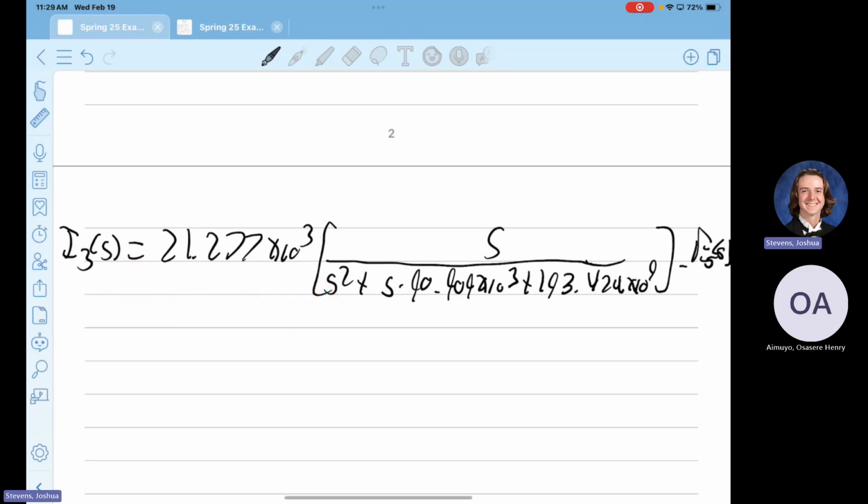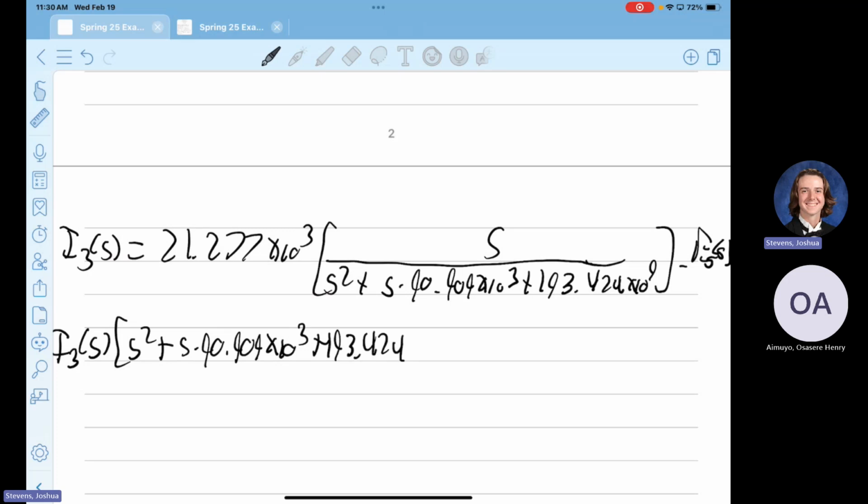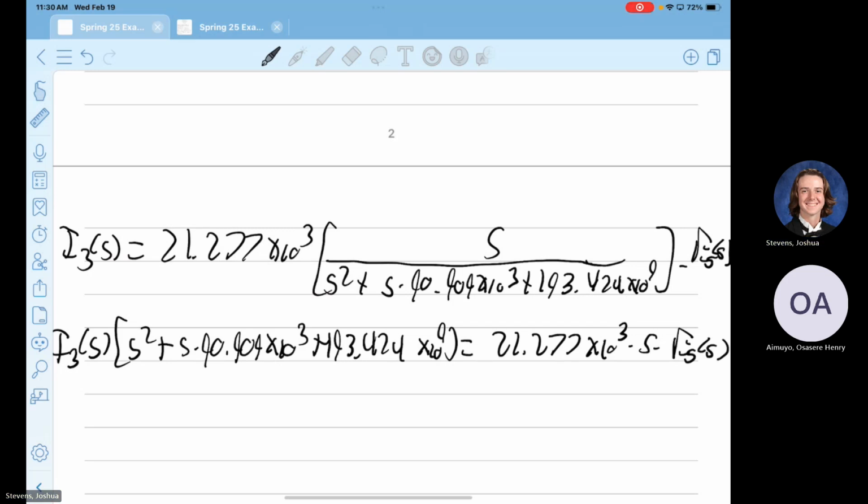So then that becomes I3 of S times S squared plus S times 90.909 times 10 to the third plus 193.424 times 10 to the 9th, and that equals 21.277 times 10 to the third times S times EG of S. Do y'all agree? We're in agreement? Cool. All right.